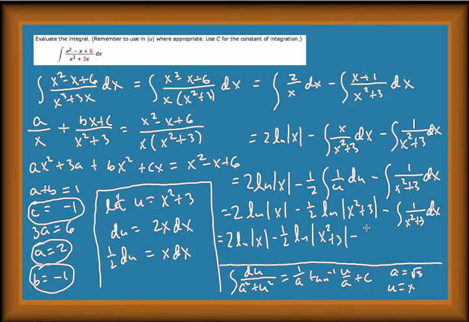So we're going to have 1 over the square root of 3 inverse tangent of x over the square root of 3, and then plus our constants. So our whole final result in this mess here is this quantity right here.